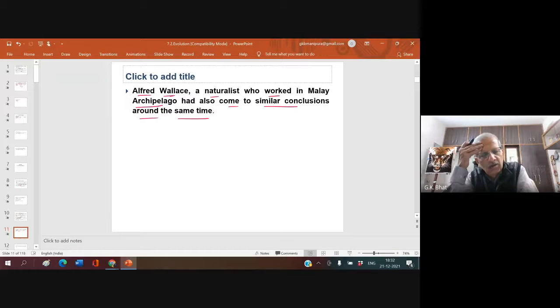Now, I have just mentioned, Darwin was a failed medical student. Darwin got an opportunity to move around the world in a very world-famous ship, HMS Beagle. Do you know how Darwin got selected in that team?